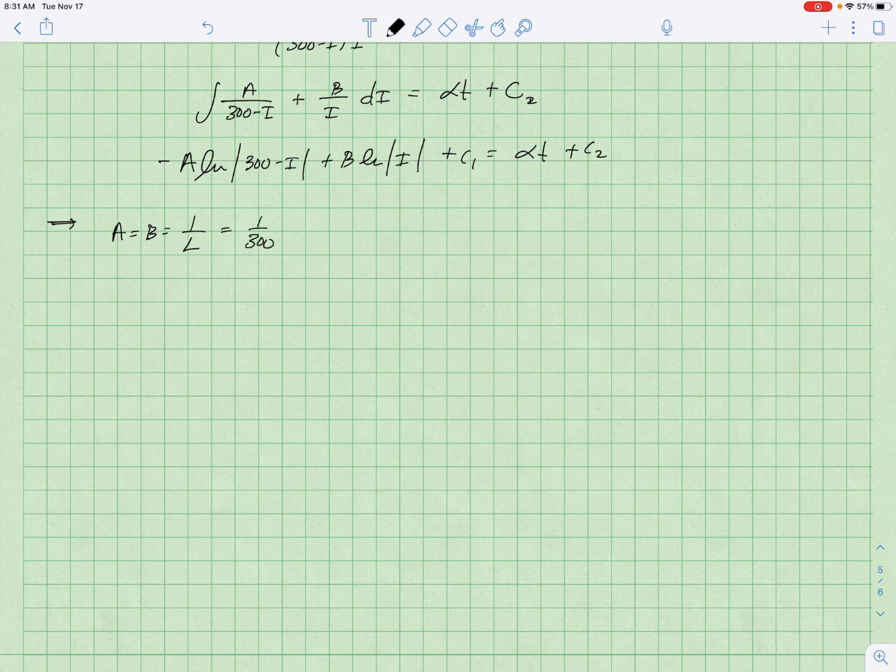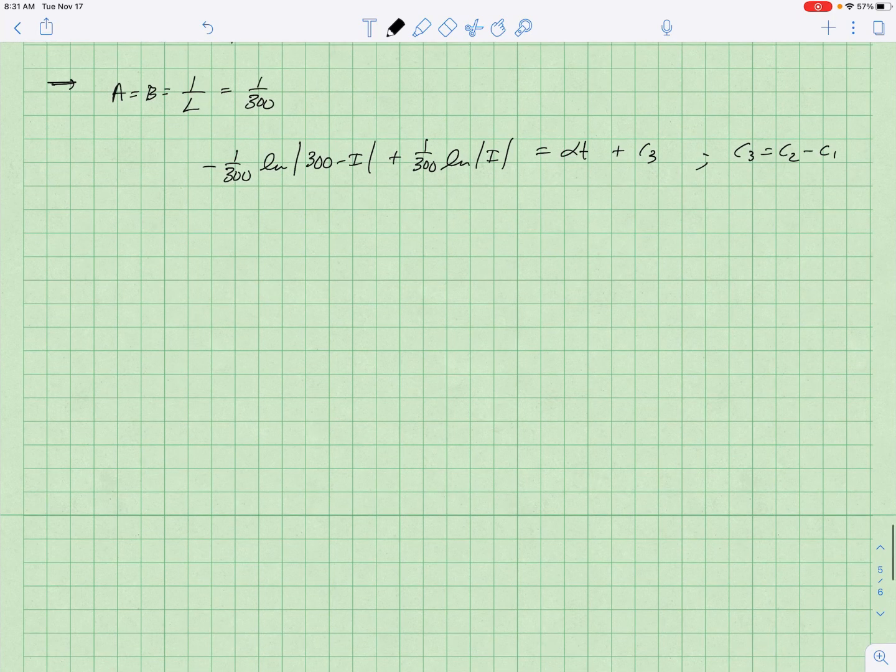So that'll allow me to consolidate this as negative 1 over 300 times the natural log of the absolute value of 300 minus I plus 1 over 300 times the natural log of the absolute value of I is equal to alpha t plus C3, where C3 is C2 minus C1.